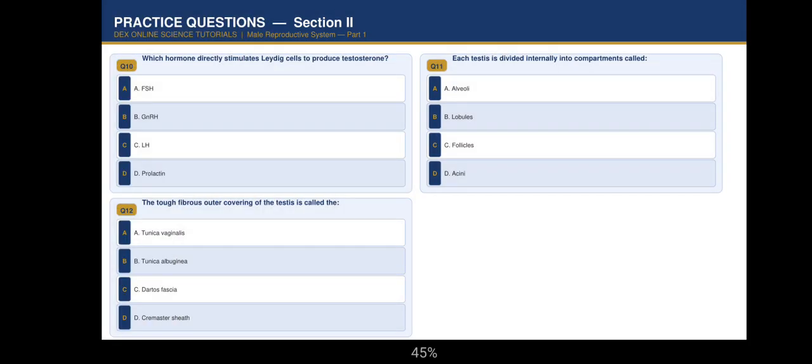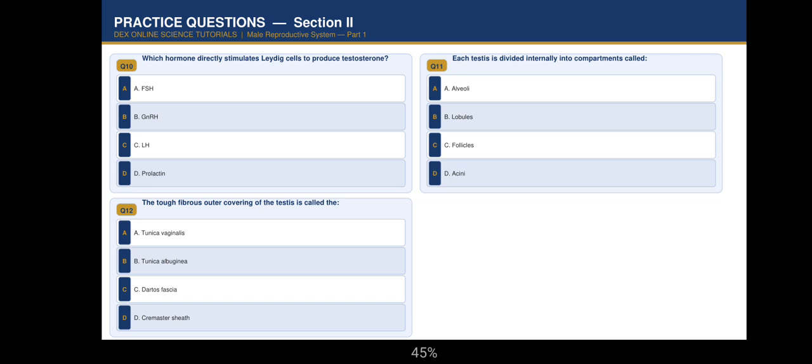So, number 10. Which hormone directly stimulates Leydig cells to produce testosterone? Yes, the answer, without any doubt, should be the luteinizing hormone. It is the luteinizing hormone that stimulates the production of testosterone.